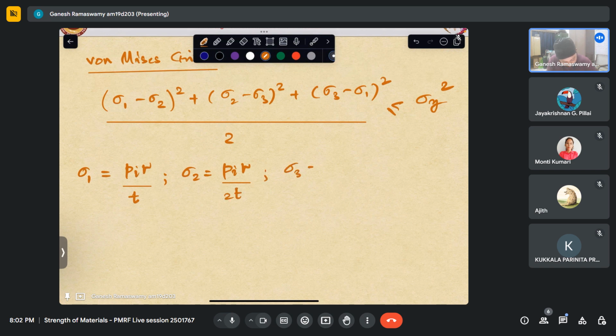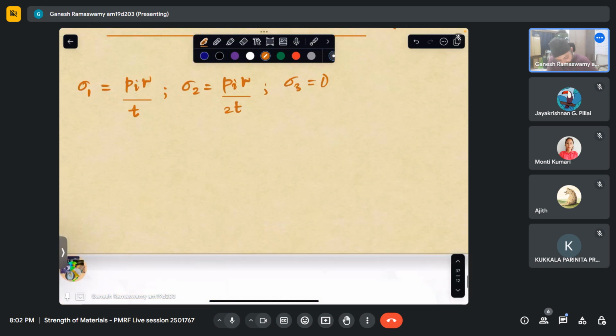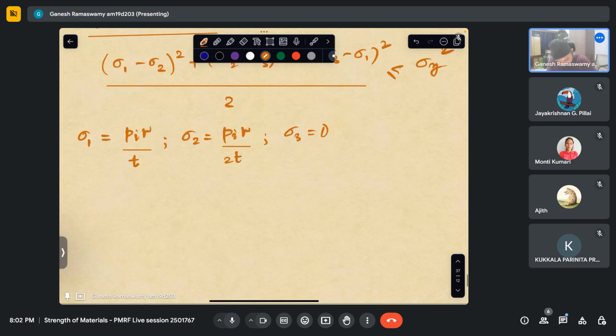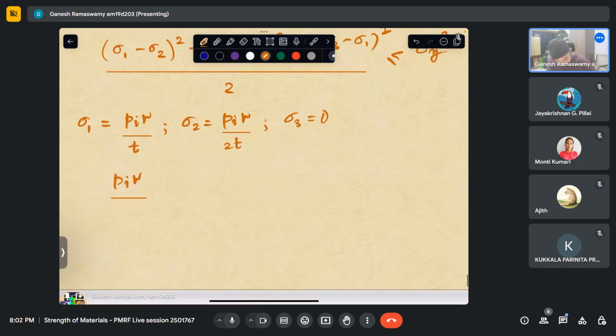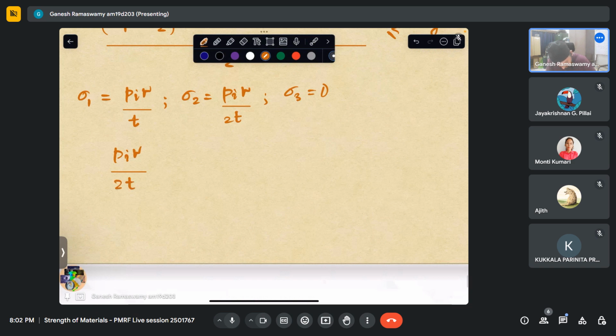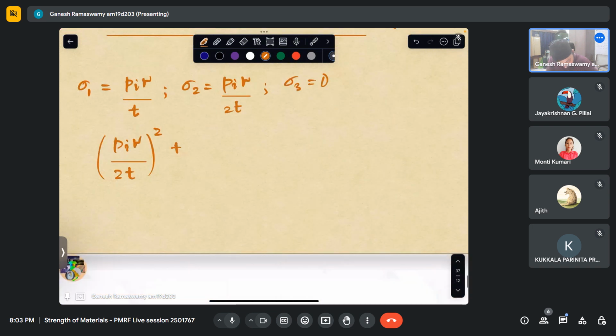These two will be nothing but PIR by 2T, the whole squared, plus sigma 2 minus sigma 3 by 2.